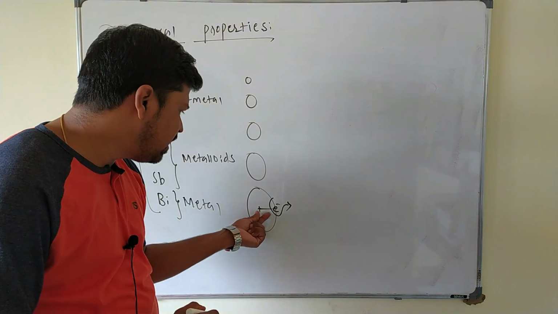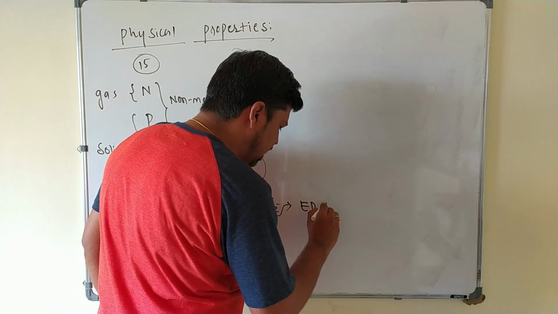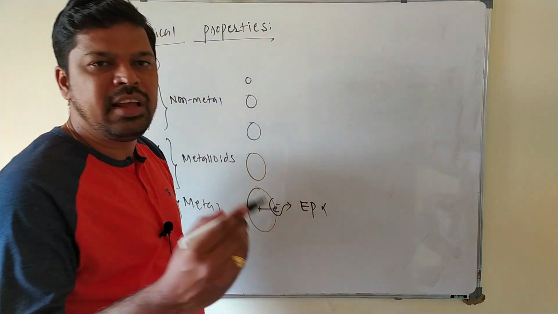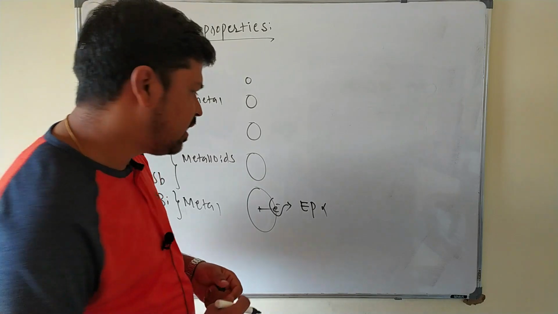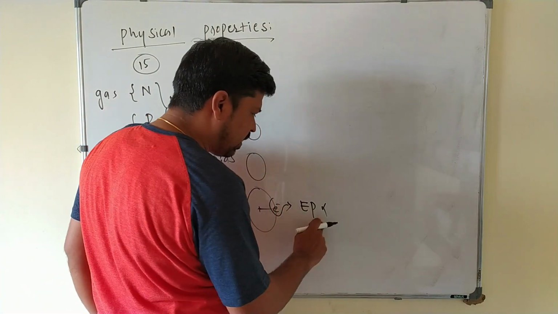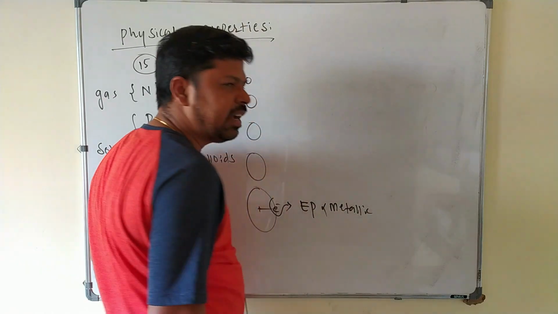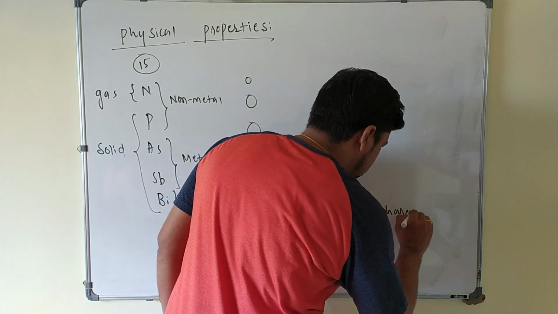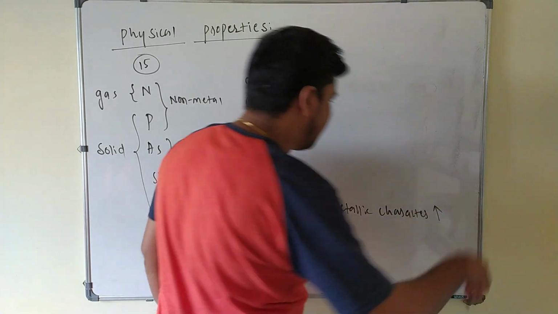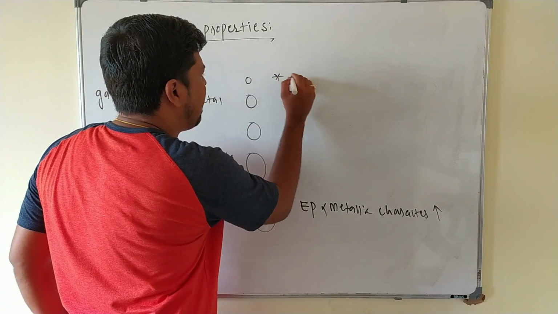As the electron losing tendency of the atom increases, its electropositive character increases. Electropositive elements are nothing but metals here. That's why as the electropositive character increases, metallic character increases. That's why down the group, metallic character increases.